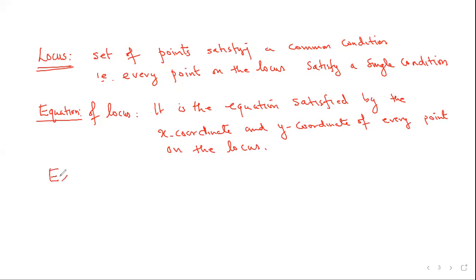Example. It is the equation satisfied by x coordinate and y coordinate of every point on the locus.